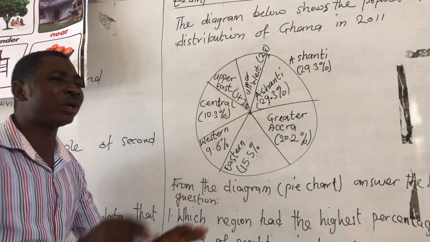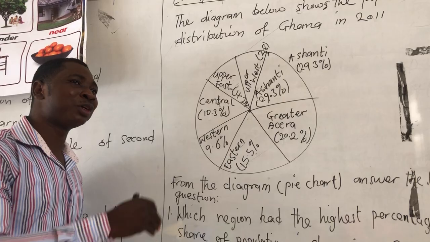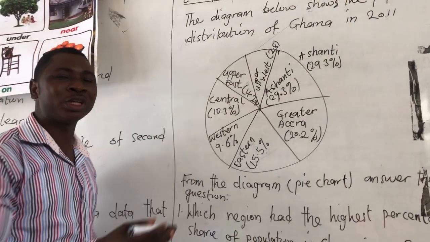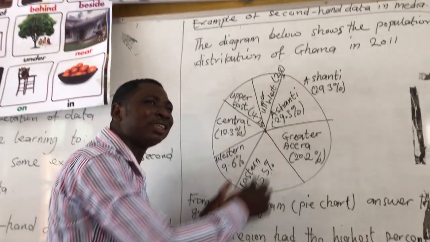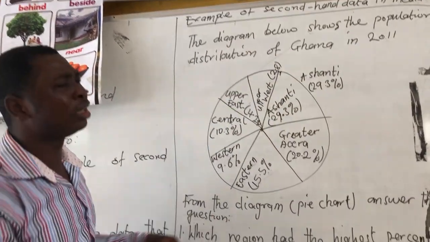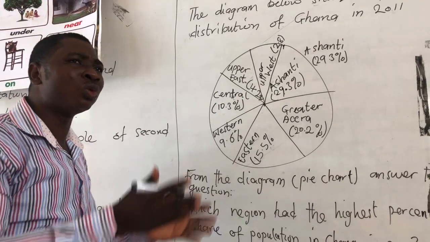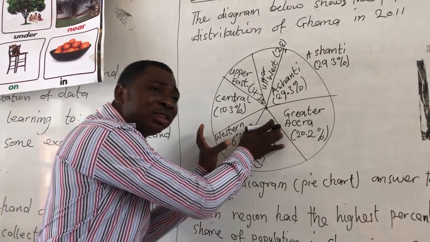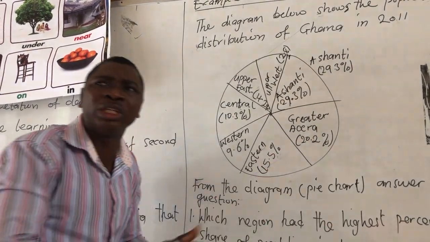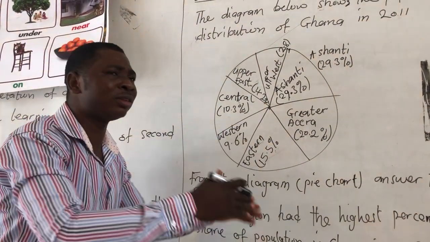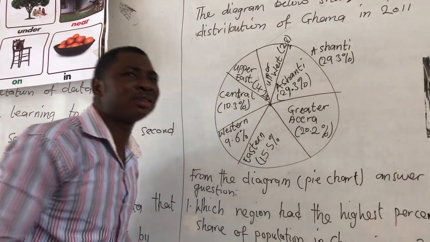I can ask you many questions based on this. Even yourself, you can start asking yourself questions on this. This information is second-hand because it is from the media. You were not even there, you don't know how it was, but the person brought the information. Now you are going to interpret this information based on the questions you'll be asked.